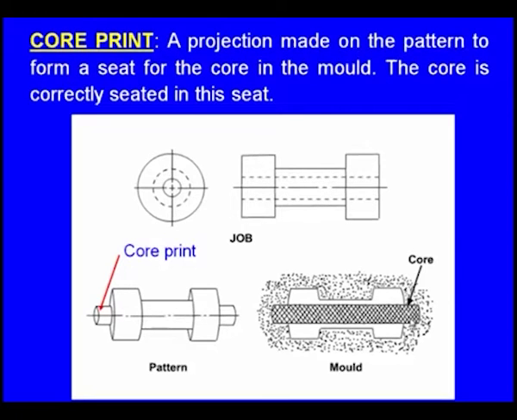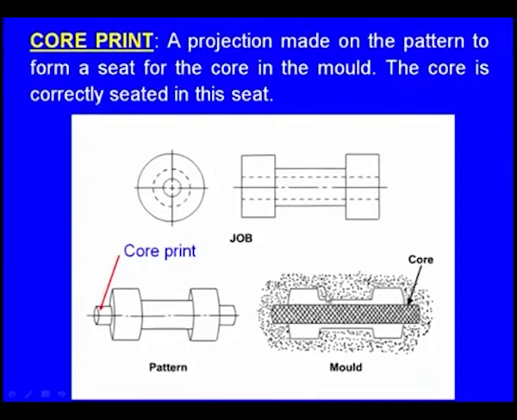So additional holes are to be created on both sides so that the core rests in those holes. That is why the pattern will have additional projections here and here. When you take this pattern and do the molding, the mold will have additional holes on both sides. Into these additional holes, we place the core.